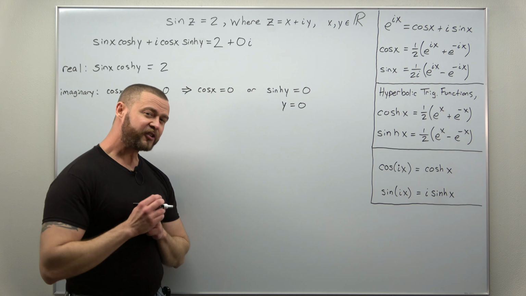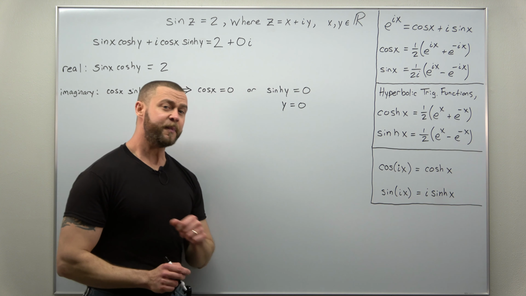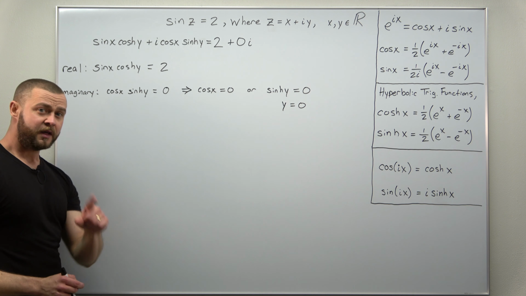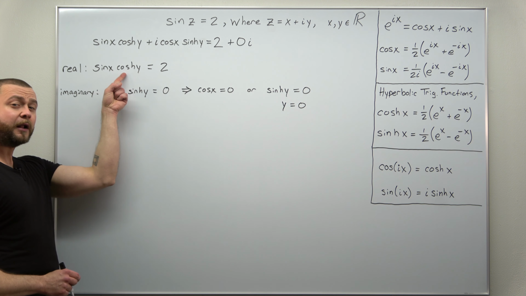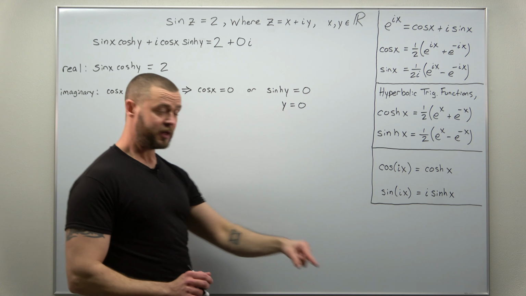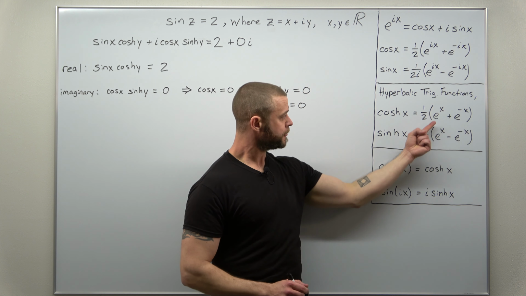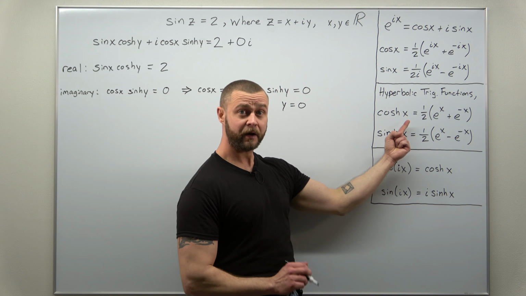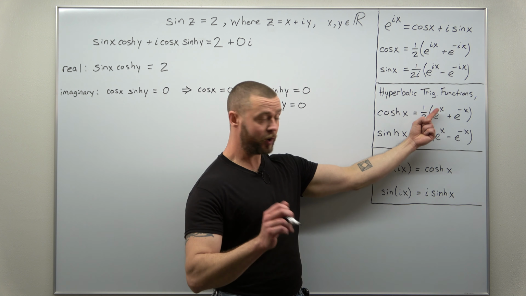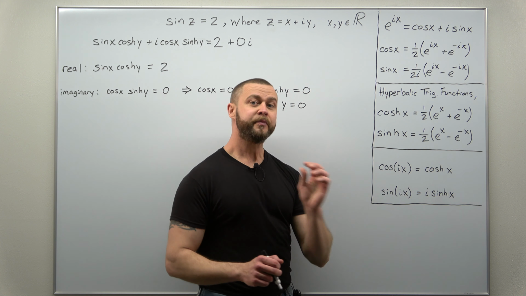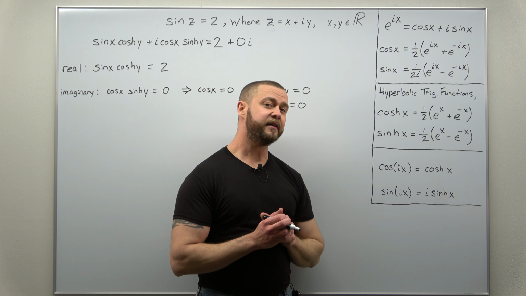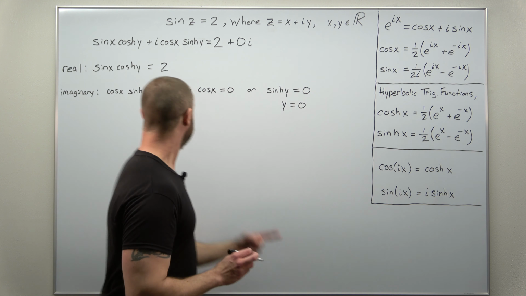Now, to see if we actually want to consider this, let's go back to the first equation. If y is 0, we're going to get hyperbolic cosine of 0. If you check, plug in 0 here, hyperbolic cosine of 0, e to the 0, 1, plus another e to the 0, 1, 2 times a half. Hyperbolic cosine of 0 equals 1.